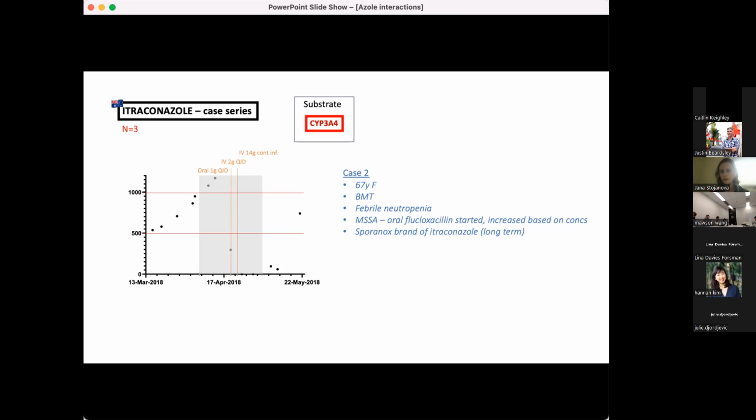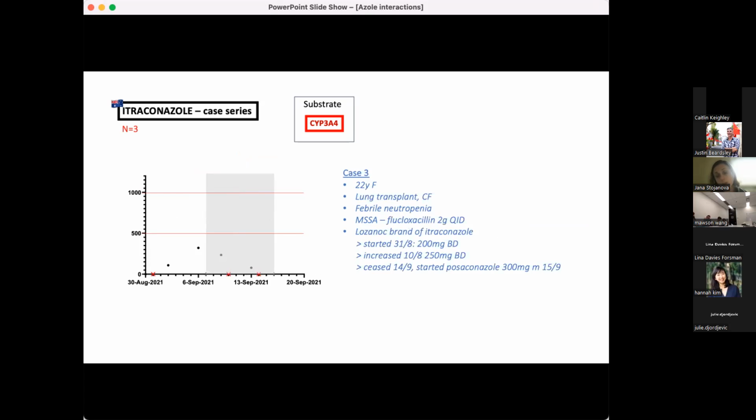The levels were low, and I think she wasn't clearing the cultures, so she was brought into hospital and was started on intravenous flucloxacillin at 2 grams 4 times a day. And again, the flucloxacillin levels, we measured them, not everyone measures them, they were low, so she was changed to 14 grams continuous infusion. So she had been on itraconazole long-term with levels in the sort of therapeutic range. And then with flucloxacillin, we see a drop, and that followed in the period afterwards for some time until it came back up.